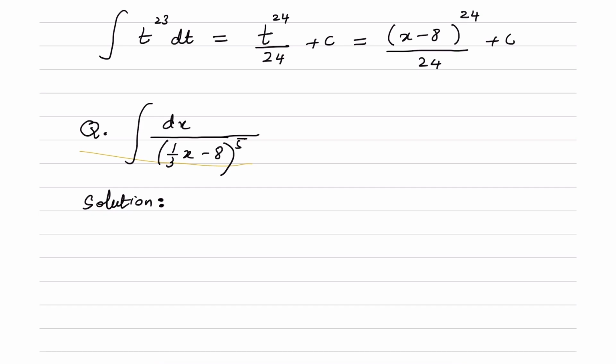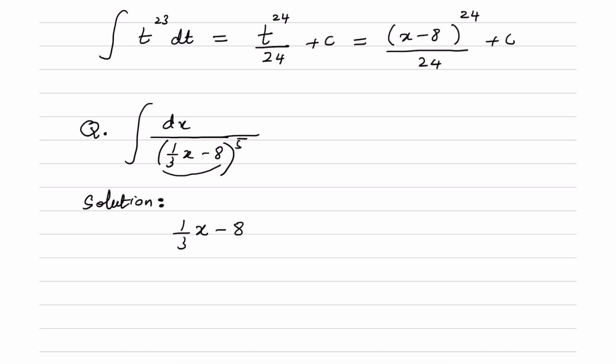From a complex part, we pick a tiny part such that the derivative of the tiny part is also there. Now here there is only one part which seems complex because it has the power 5, 1 over 3x minus 8 to the power 5. So we are going to pick this part, 1 over 3x minus 8, and put this equal to another variable.